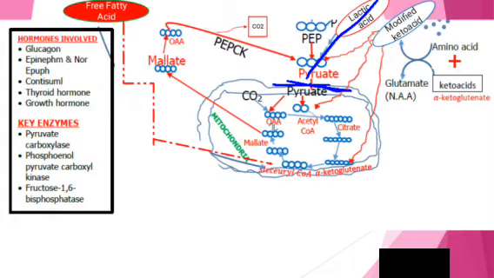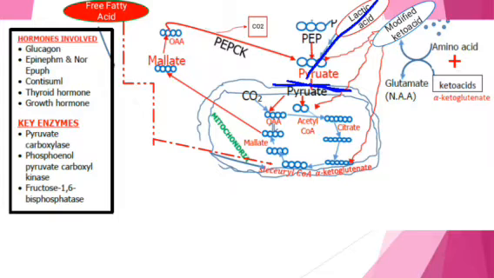So this is another source through which lactic acid can be funneled back into the gluconeogenic pathway. However, like we said earlier, the primary source of gluconeogenesis is amino acids.